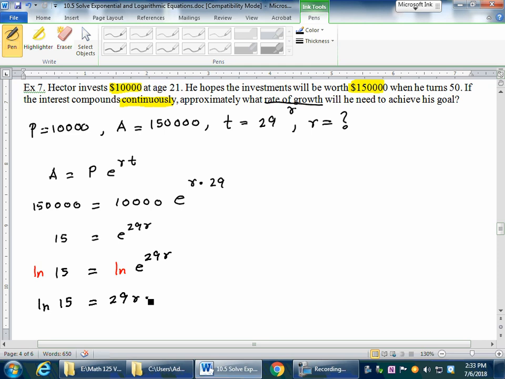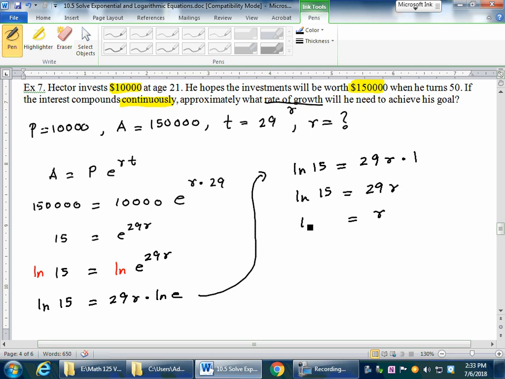So 29r times ln of e. We know that ln of e is equal to 1, so ln of 15 is equal to 29r times 1, which is 29r is equal to ln of 15. So therefore, to get my r, I divide both sides by 29.